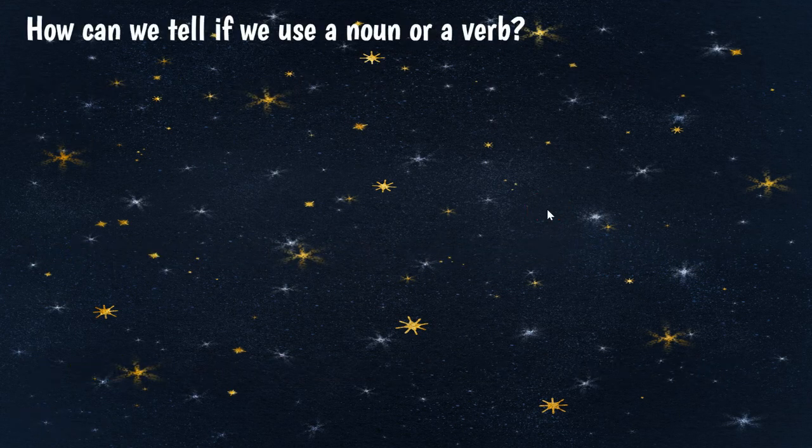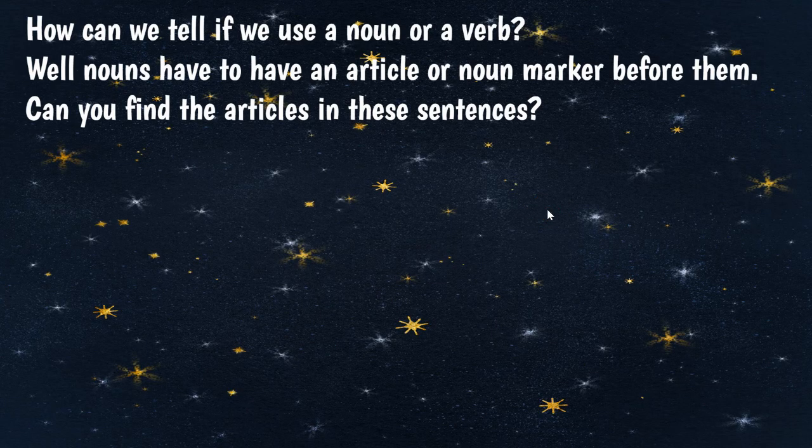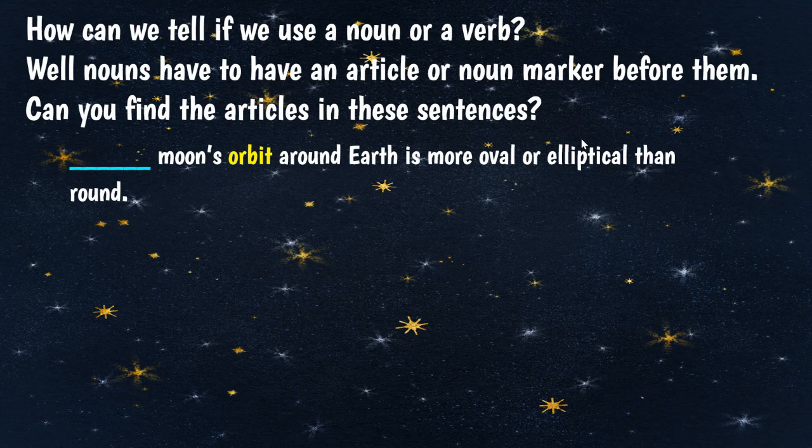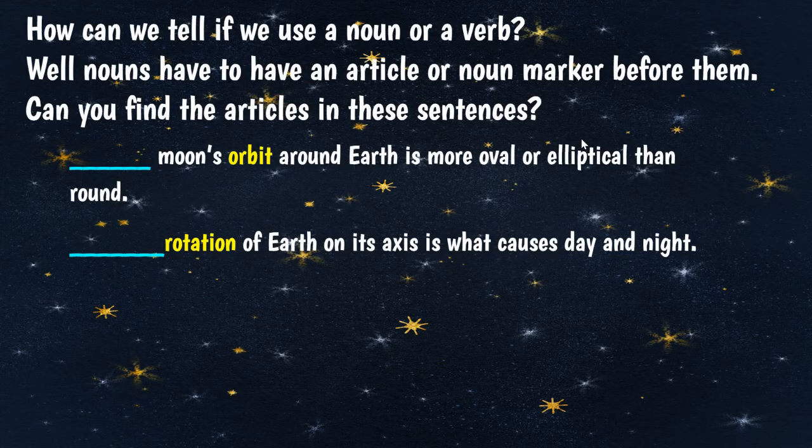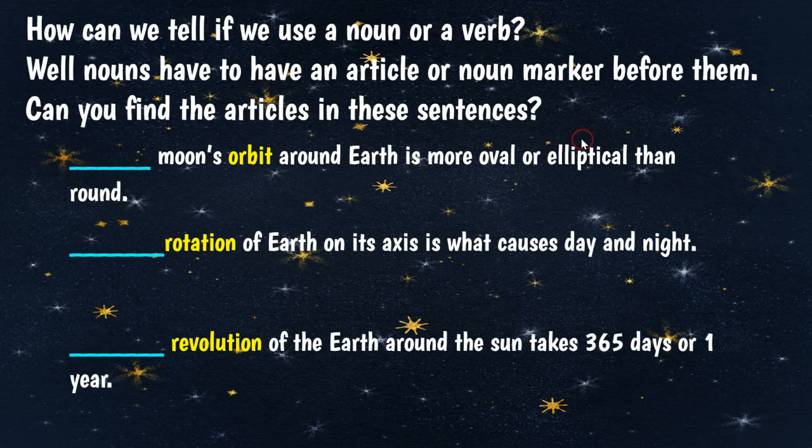Okay. How can we tell if it's a noun or being used as a noun or a verb, especially with orbit? Well, nouns have to have an article, or noun marker. Maybe you heard this in ELA, maybe in elementary school, but they need to have one before them. Can you find the articles in these sentences? Blank moon's orbit around the Earth is more oval or elliptical than round. Blank rotation of Earth on its axis is what causes day and night.